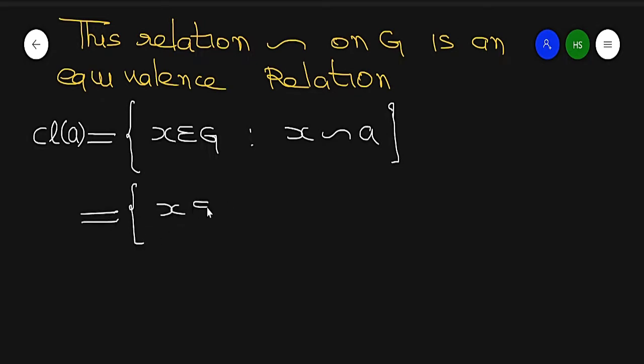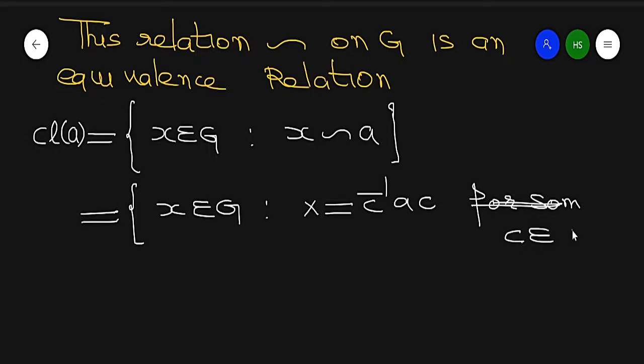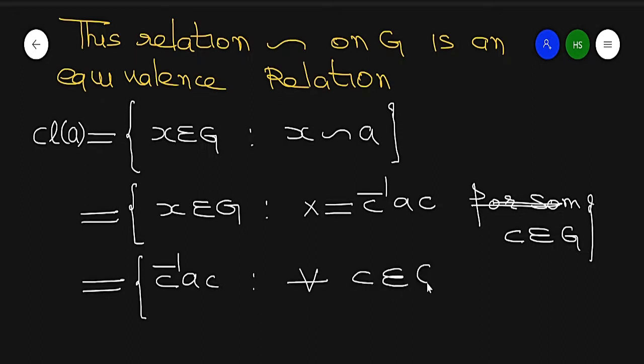It means X belongs to G such that X can be written as, because it is conjugate, C inverse AC for some C belonging to G. So X is of this kind for every C belonging to G. So its elements are C inverse AC for every C belonging to G. So the class of A consists of such elements.